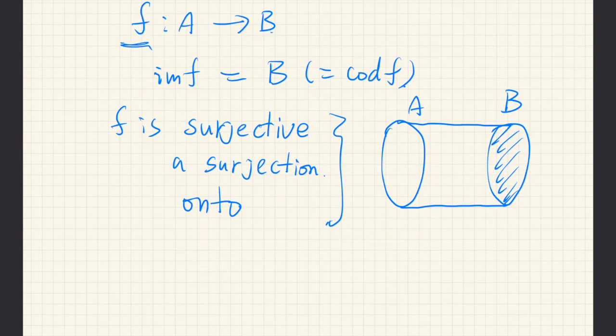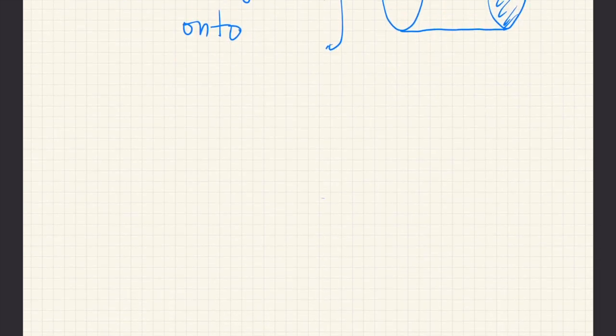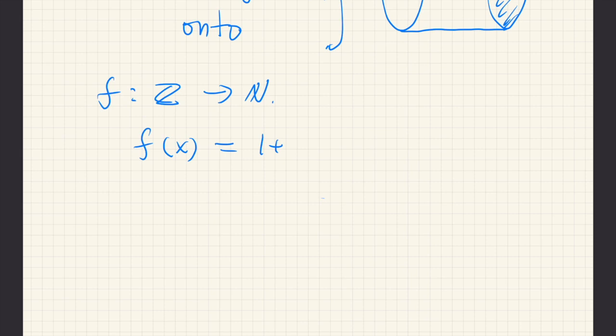Let's see an example of a surjective map. Let's define a function f from the set of integers to the set of natural numbers by this rule: f(x) = 1 + |x|, where x is, of course, an integer.